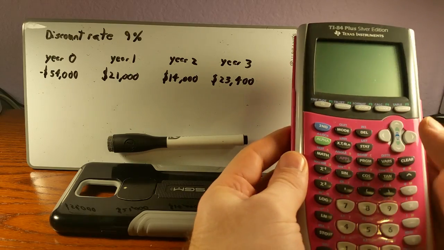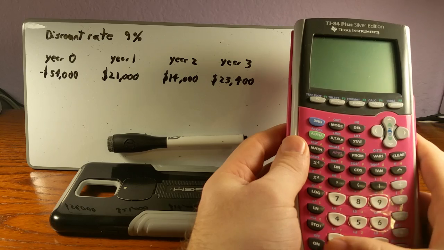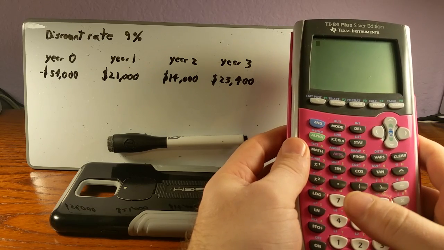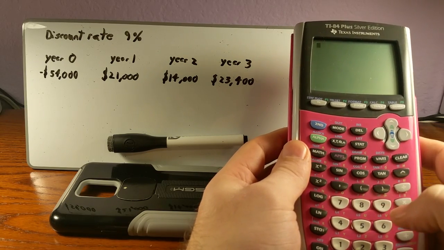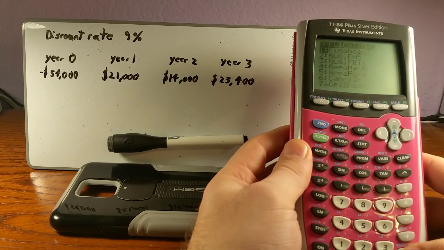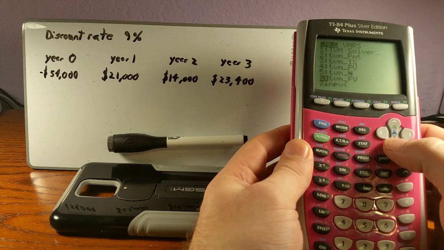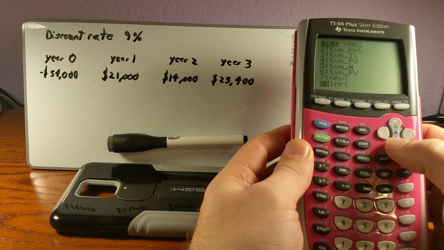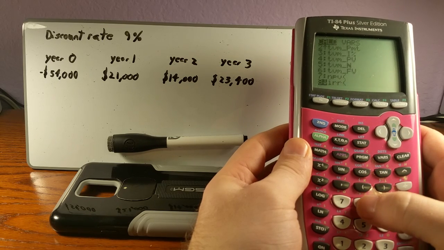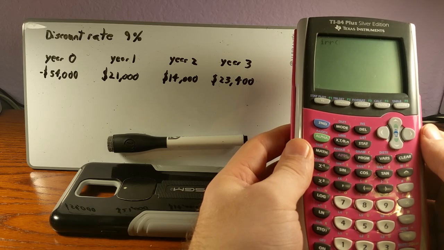Let's grab our calculator here, and you'll notice that this is a very similar formula with the exception of the discount rate. So we'll go into our apps and we'll use our finance calculator. And if you scroll down just past NPV is IRR, we're going to hit 8 on there. And here we are.